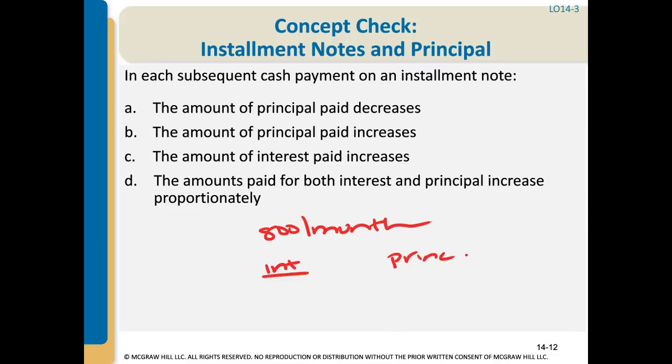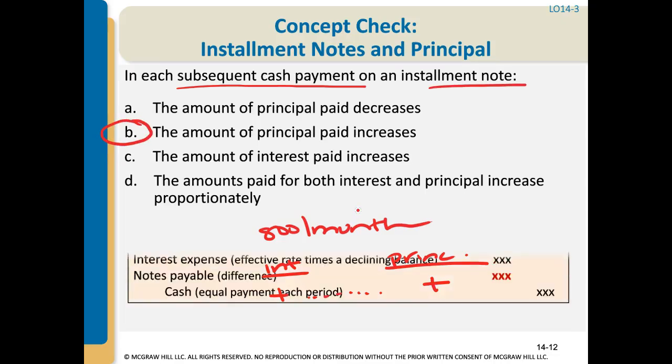You have more interest for the first months, and then as the months go along, you have more principal and less interest. So in each subsequent cash payment on an installment note, the amount of principal that's paid off increases.